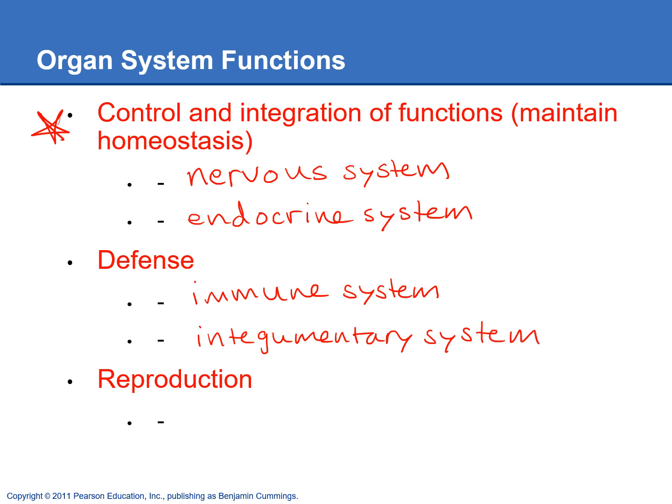Okay, because your skin is going to prevent a lot of things from even getting inside your body. But if something does get past your skin and inside your body, then your immune system is sitting there ready, waiting to go. And then the last one is easy. Reproduction would be your reproductive system.